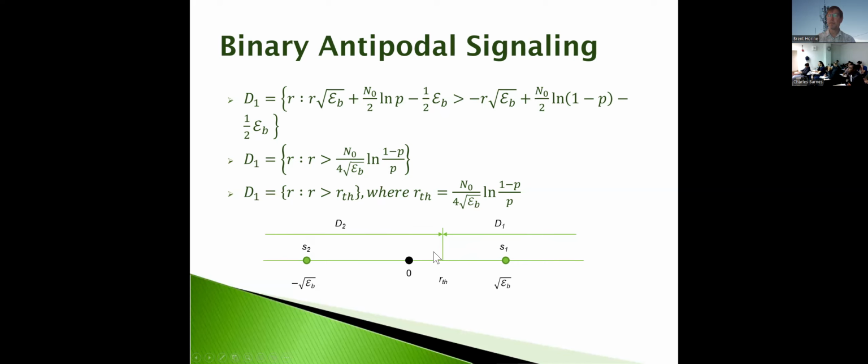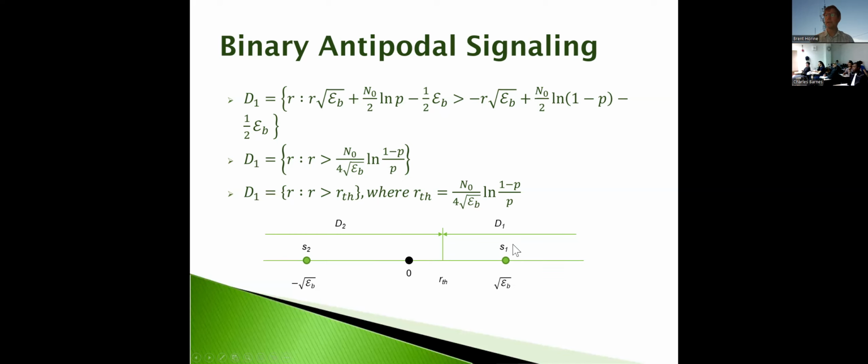According to this decision rule, we're going to map that to D2. We didn't actually calculate D2 here, we calculated D1, but we know that if it didn't fall in D1, it must fall in D2 because this is a binary signaling type of thing, right?